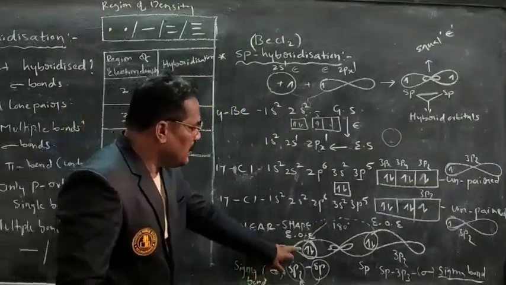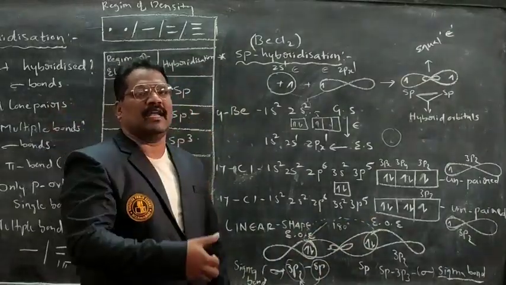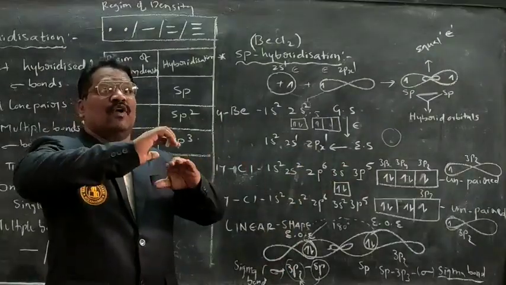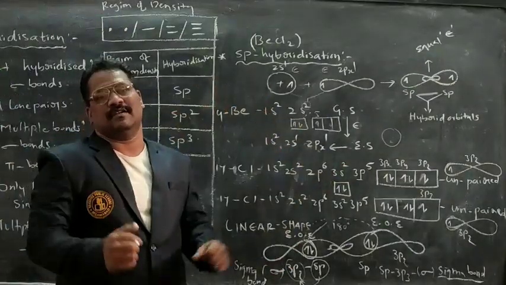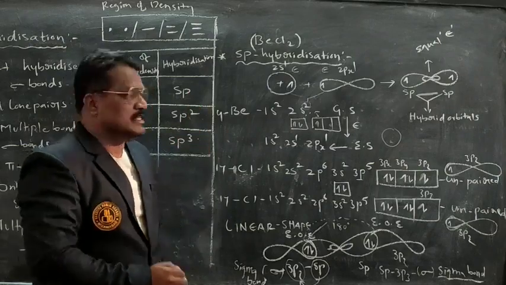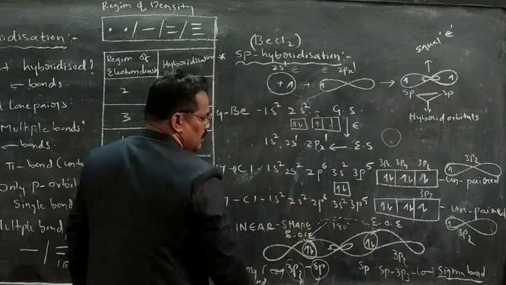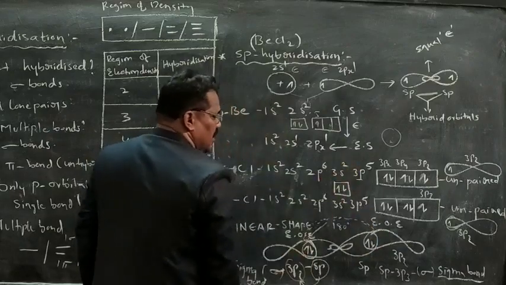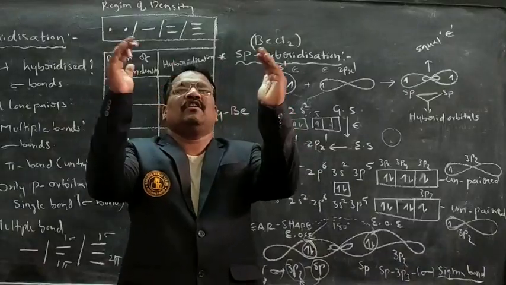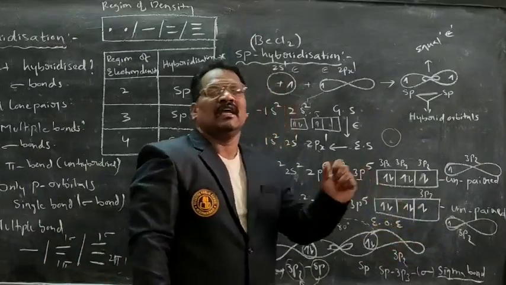Here a bonded pair is there, and here too a bonded pair is there. This gives a directional property. The bonded pairs will move in a direction to attain a shape such that the force of repulsion is minimized. The two bonded pairs move so that repulsion is minimized.